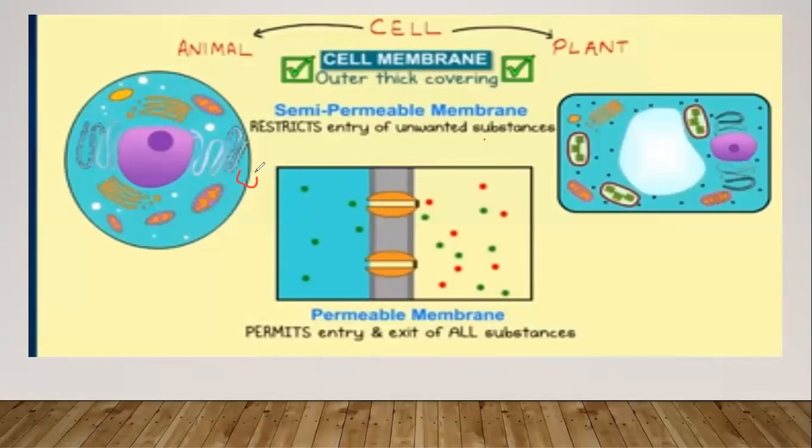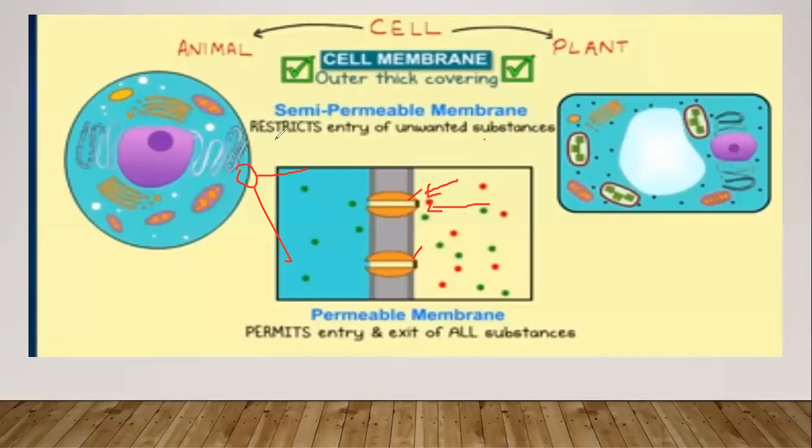This outer membrane allows substances through it. So look at here, some gateways are there. It cannot accept all the things from the external environment. It cannot allow all the substances, it can allow only useful substances.